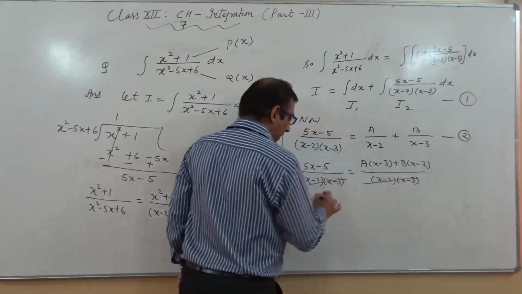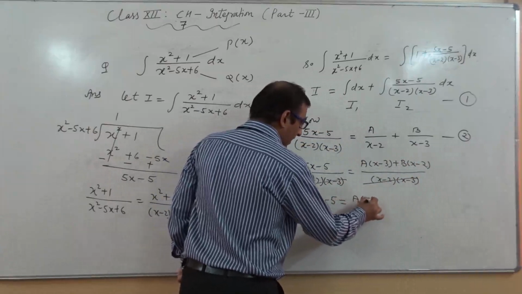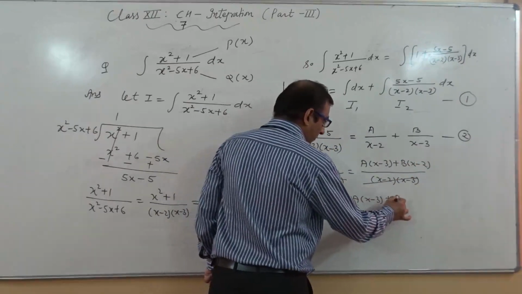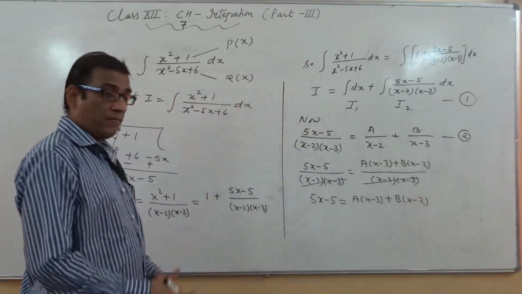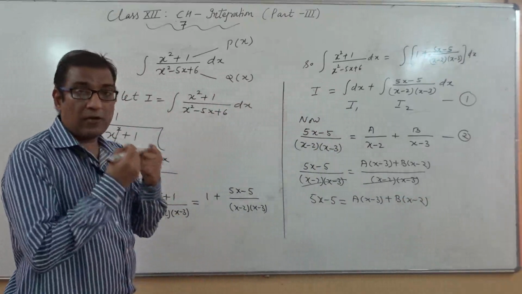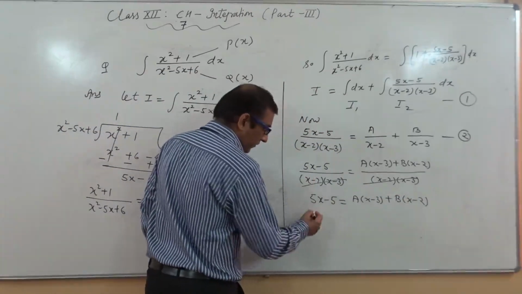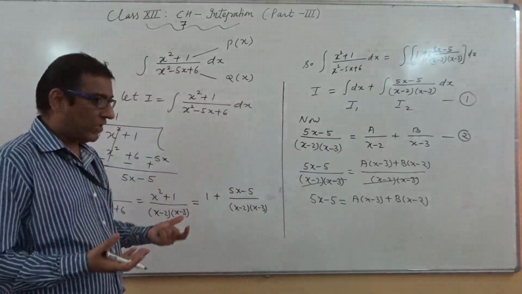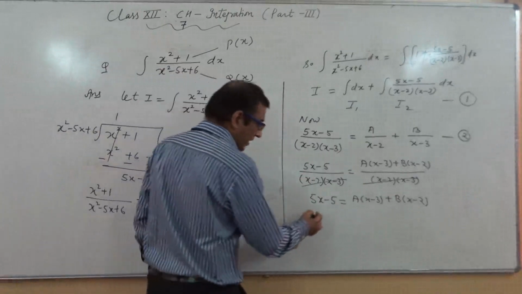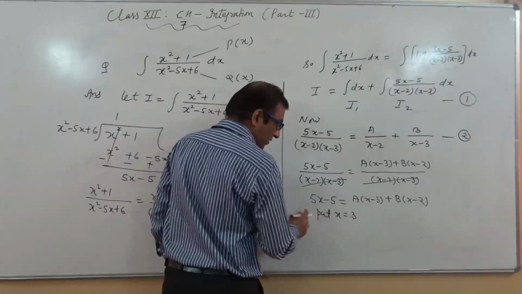So both the denominators will cancel, and we will get 5x − 5 = A(x − 3) + B(x − 2). But the ultimate goal is that we have to calculate the values of A and B. So what we will do, we will compare the coefficients of x and constant on both sides, or we can say we will put x = 3 on both sides.